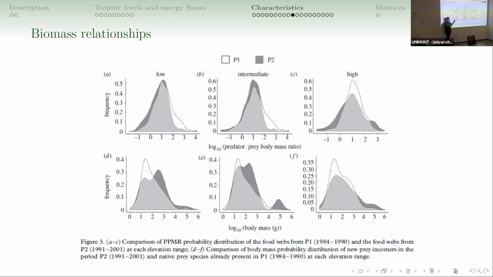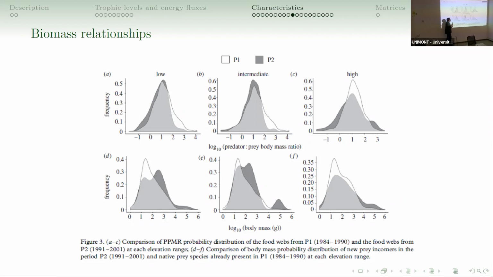We had the appearance of wild boar that in the 80s did not exist, and they added high mass values in the prey level. We also had the appearance of deer that did not exist before, or they were not that abundant. So this increase of the prey biomass is due to the arrival or higher abundance of these prey species, the big ungulates that before were not there.